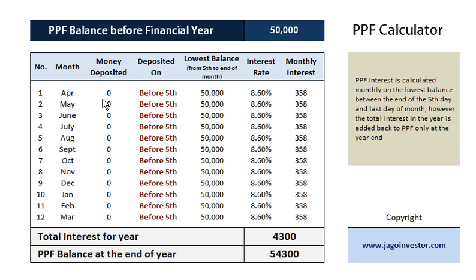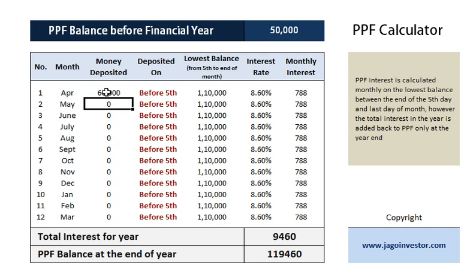If you invest 60,000 rupees at the start of the year, that is April, before the 5th, let's see what happens. When you invest 60,000 rupees in April, your total balance becomes 1,10,000 before the 5th.